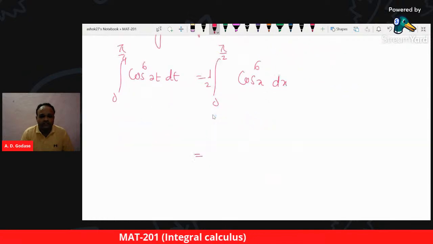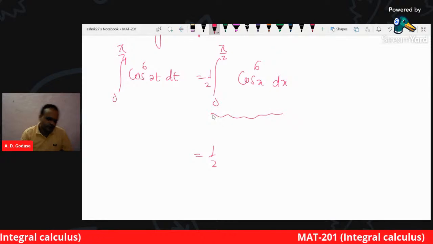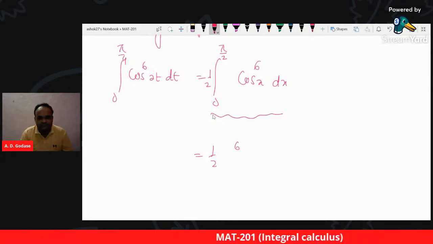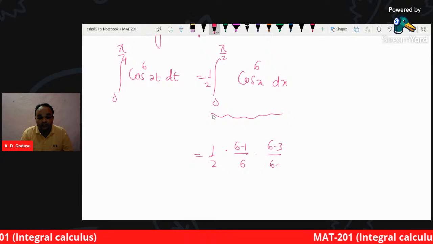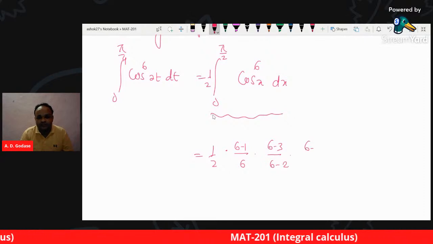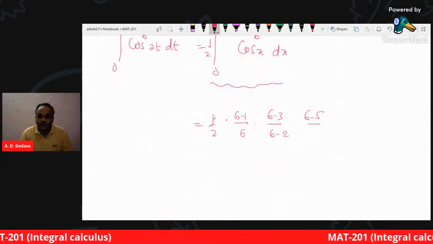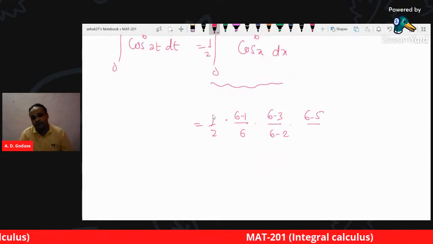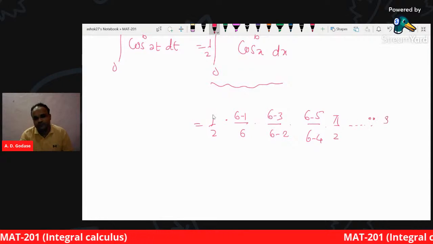So what is the value of this integration? That is half, and we have this formula. Using this formula, this integration will be 6 minus 1 divided by 6, into 6 minus 3 divided by 6 minus 2, into 6 minus 5 divided by 6 minus 4, and that is pi by 2.